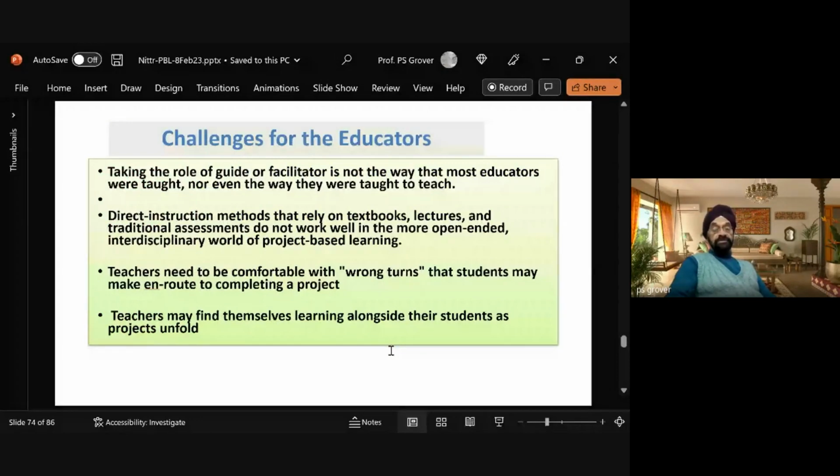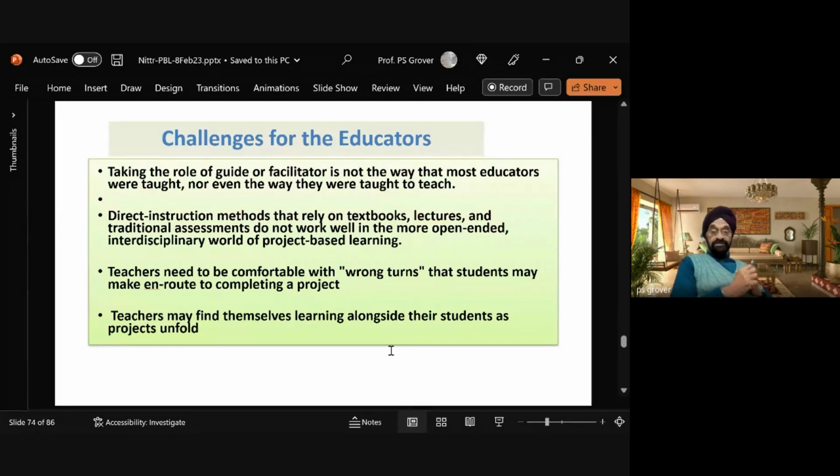Now, there are challenges for the educators, for the teachers, because there are certain requirements. Taking the role of guide, because in PBL the teacher is a facilitator and a guide. As I mentioned while talking about the video conferencing project, taking the role of guide or facilitator is not the way that most educators were taught, nor even the way they were taught to teach.